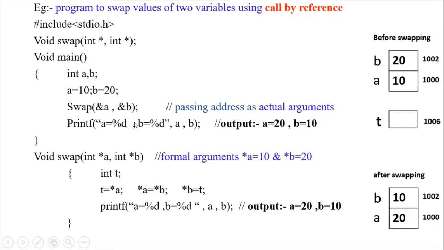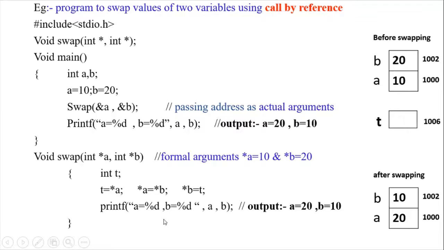In the previous example, when we were passing the arguments as call by value, in this printf statement we could see there were no changes for this a and b. There a is equal to 10 and b is equal to 20 was there. But in this case, while we are passing the arguments as call by reference, the changes in the formal arguments reflect in the actual arguments.